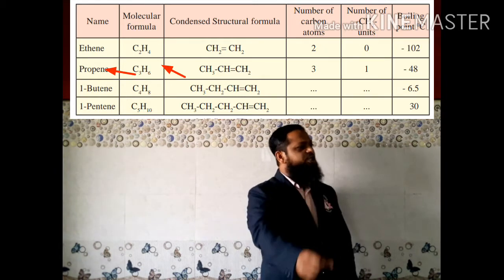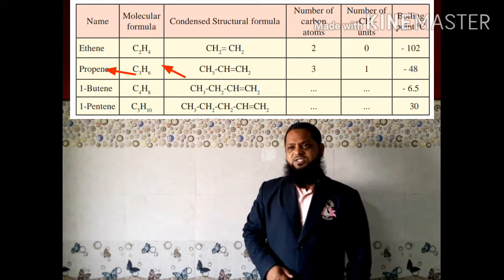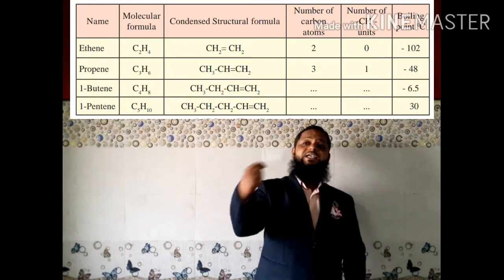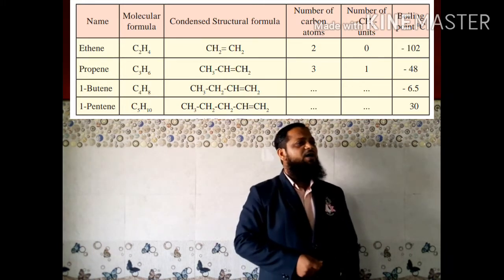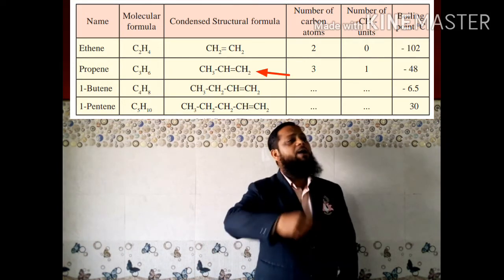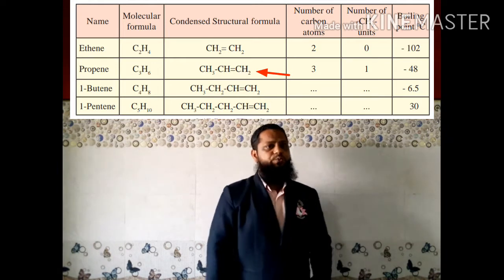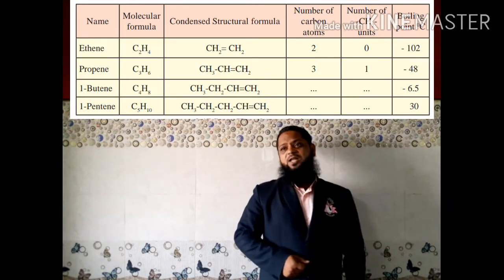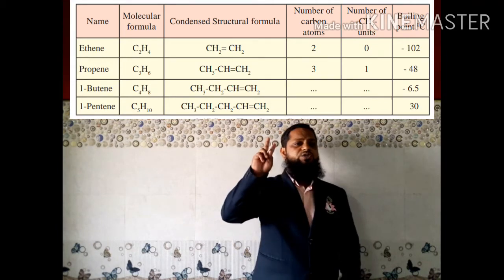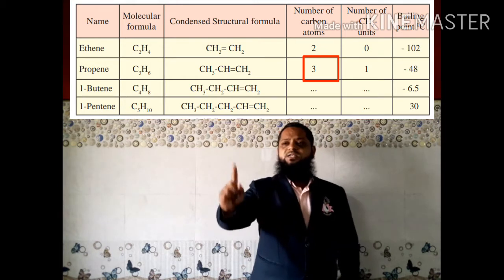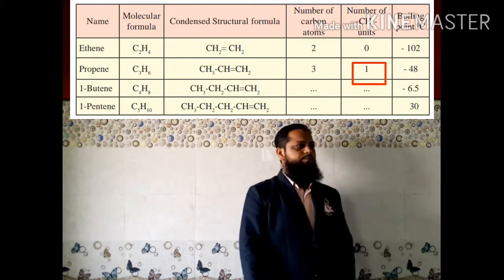Second example of alkene is propene. Its molecular formula is C3H6. Its condensed structural formula is CH3CH double bond CH2. In the condensed structural formula, we are able to find 3 carbon atoms and 1 CH2 unit.